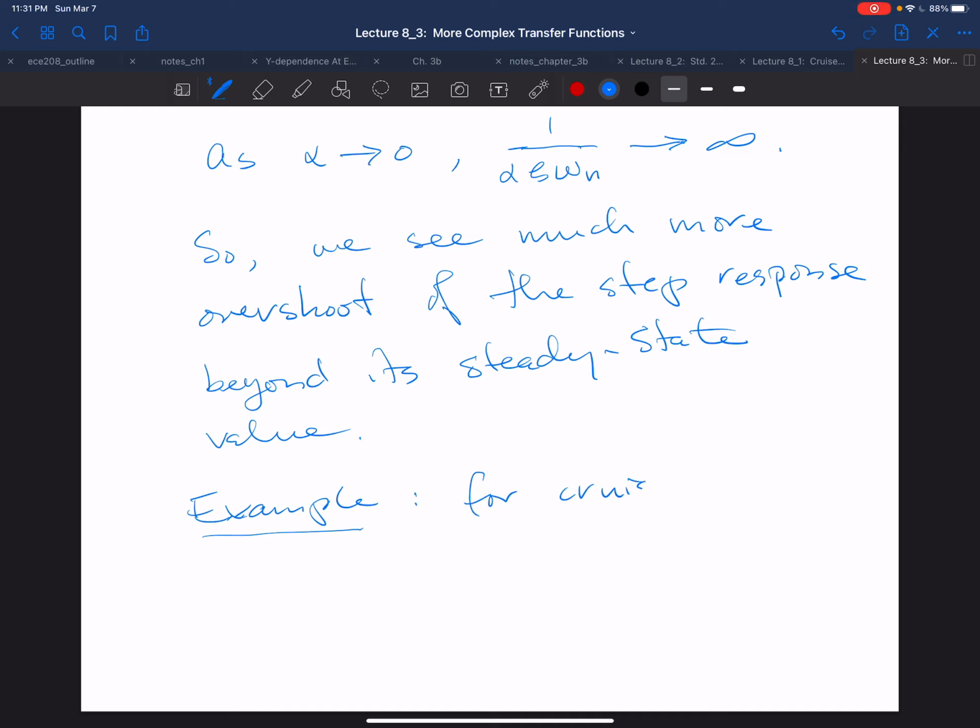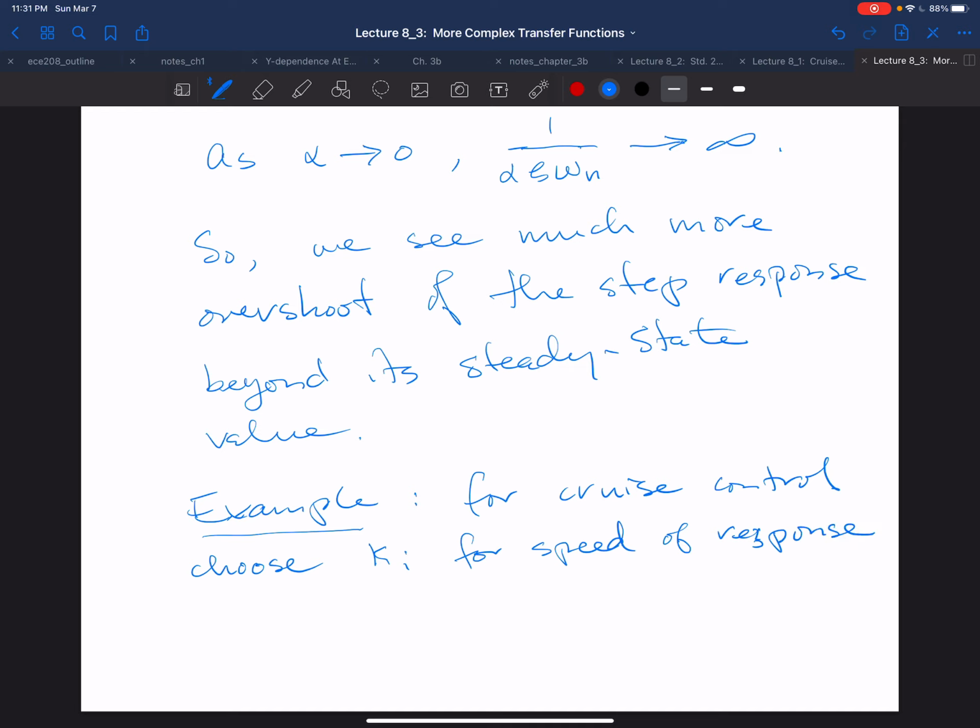So what we might do is choose the two parameters. First, we choose Ki for speed of response because Ki determines completely the natural frequency.